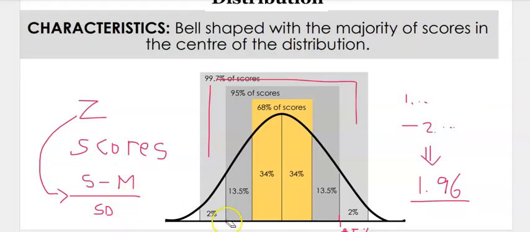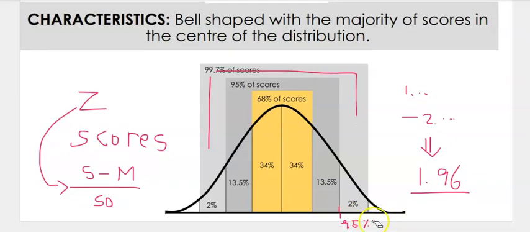When you see where the data points fall down, we call that the z-score. For the z-score, you take the score minus the mean, and then divide by the standard deviation. So that is the formula for how you can obtain the z-scores.